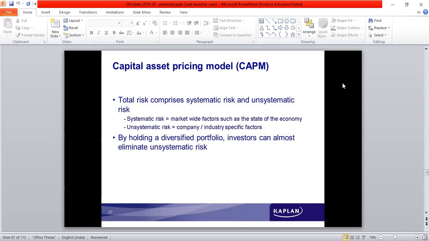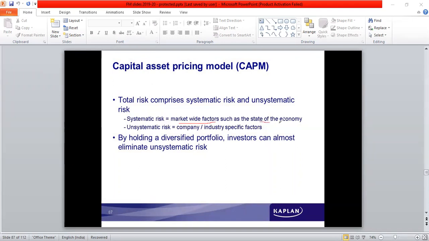But the CAPM model goes one step ahead and says that first the total risk has to be identified clearly as systematic risk and unsystematic risk. Systematic risk is equal to market-wide factors, such as the state of the economy.